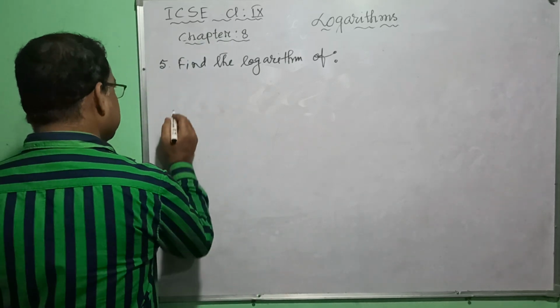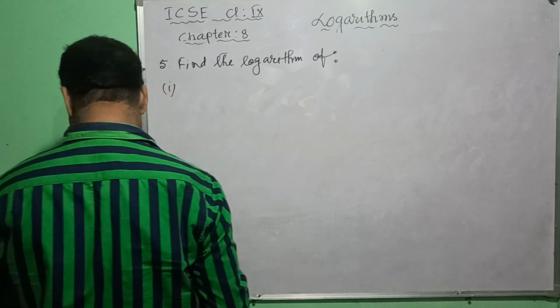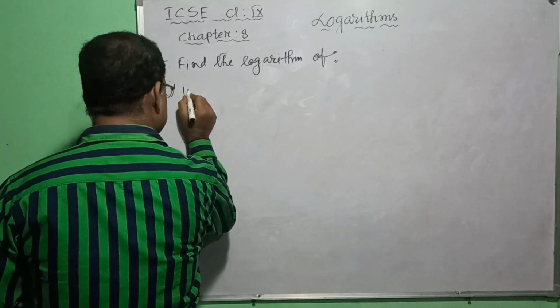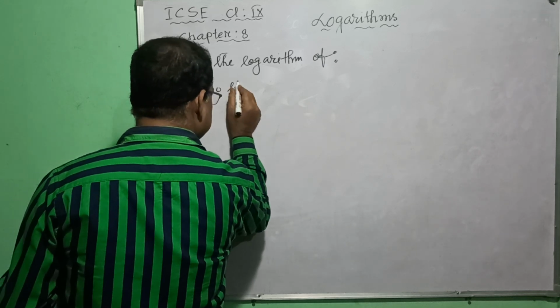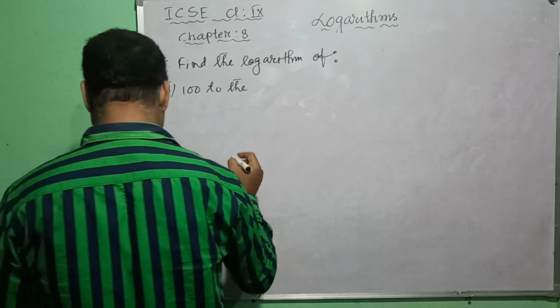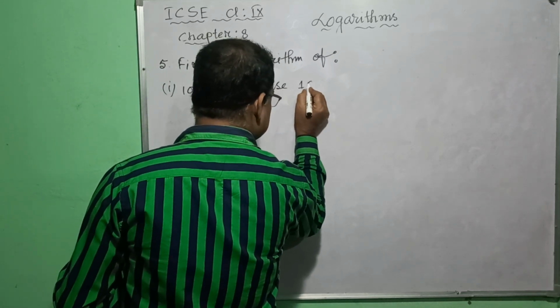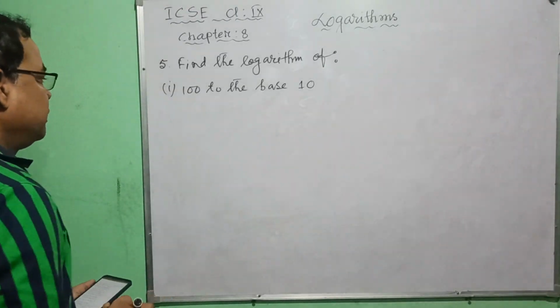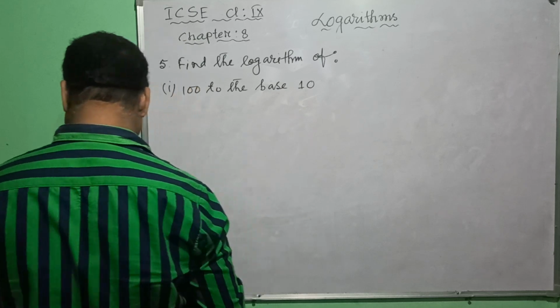So the first one is given 100 to the base 10, meaning the logarithm of 100 to the base 10.